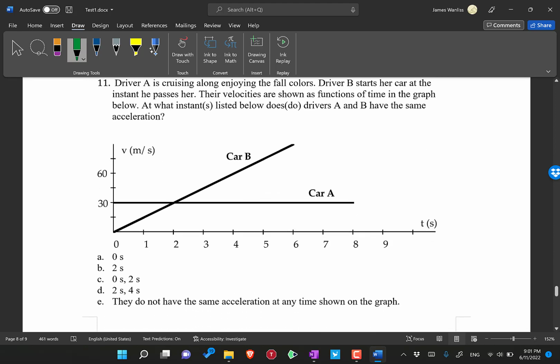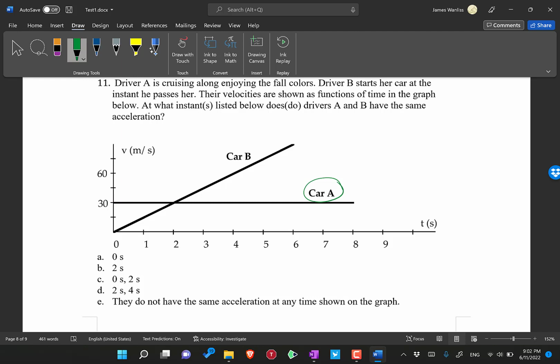Question 11. Driver A is cruising along enjoying the fall colors. Driver B starts her car at the instant that driver A passes her. So I've got a picture here, driver A cruising along. This is a velocity-time graph, and you can see that for driver A, velocity is just this flat line, constant velocity.